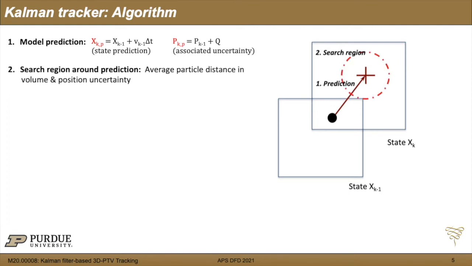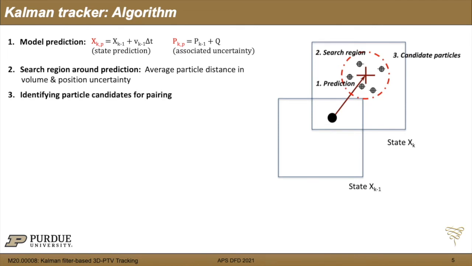Next, we define a search radius and build a search region around the prediction, the radius value being estimated based on average particle distance in the volume and uncertainty in the prediction, given by p_k^p. The k-th frame particles within the search region now become the candidates for pairing.